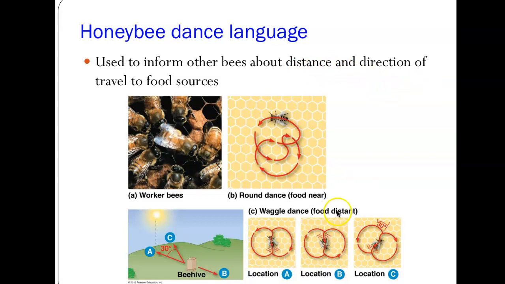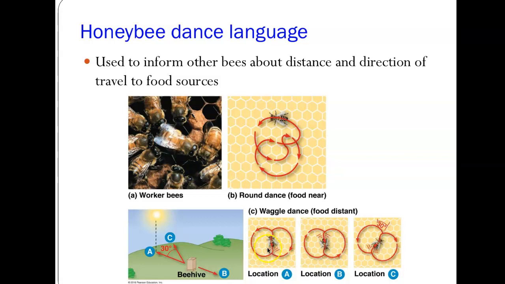The waggle dance is going to be for food that is greater than 100 meters away. So the bee is going to come in and do a figure 8 dance. As it comes up the middle, it's going to do a waggle. It's going to shake itself back and forth. The figure 8 tells the other bees the food is really far away.